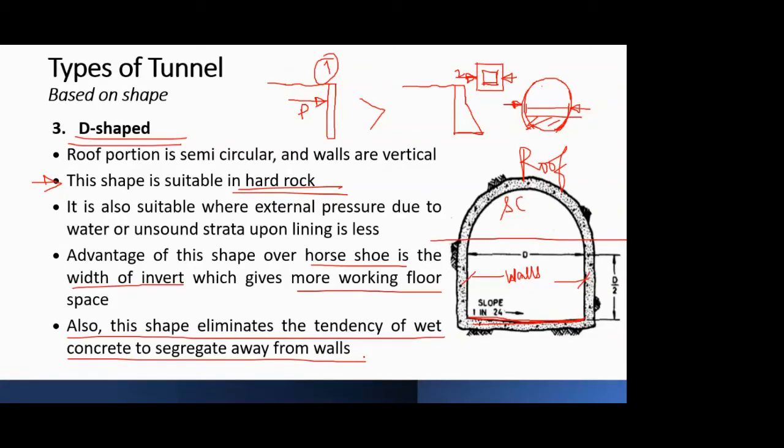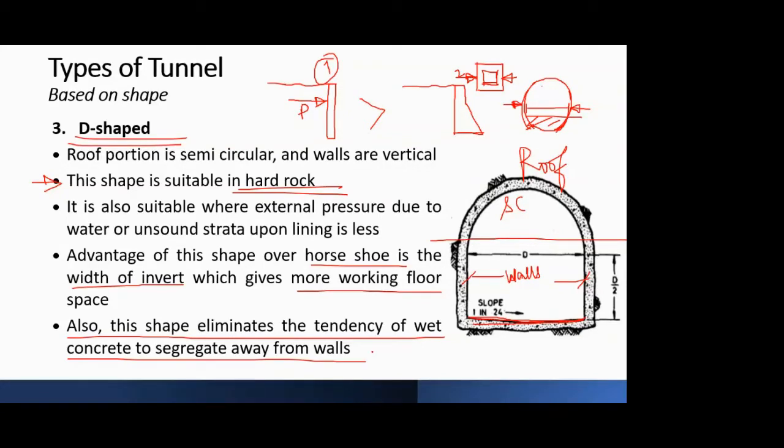When it is segregating, all the cement slurry, the mixture of cement and water, separates, say on the top or one side, and all the coarse aggregate or solid material gets segregated on the other side. That is segregation of concrete, and it is possible when you have a curved portion.